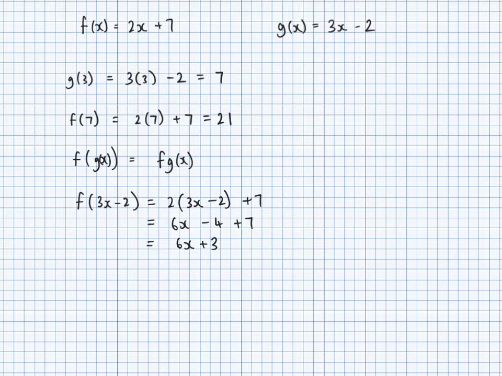So my function, when I use g of x into f of x, which is denoted like this, is 6x plus 3. So f of g of x is equal to 6x plus 3. Now a useful task would be to find what g of f of x is. So do that for homework.